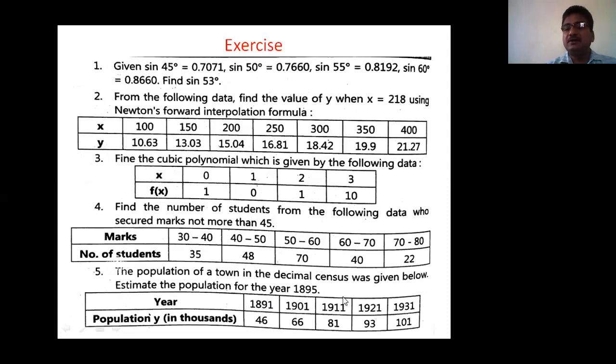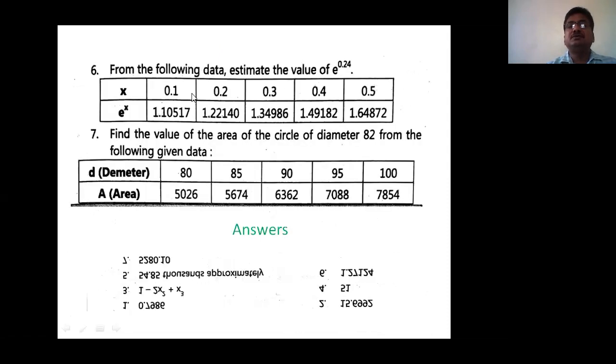The first row becomes the first column and the second row becomes the second column of the forward difference table, and then interpolate the value. And this is also the same problem: the first row as the first column, the second row as the second column, and then the value at 0.24. 0.24 lies between 0.2 and 0.3, by using Newton's forward interpolation formula.